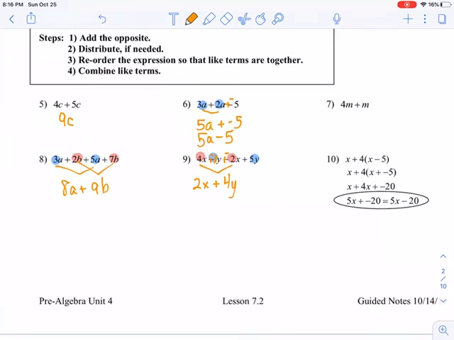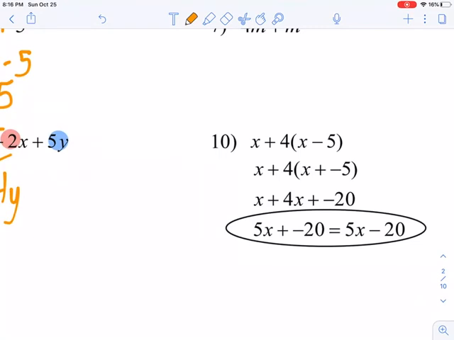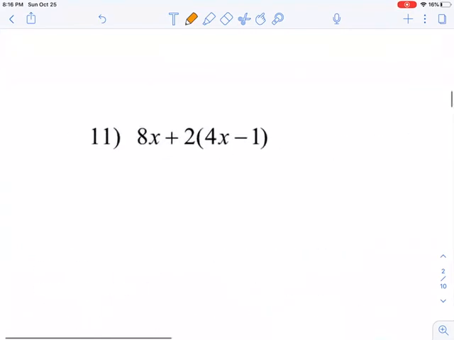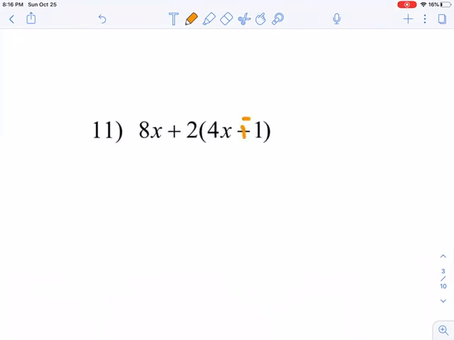Now, if you look at number 10, this one has distributive property in it as well, so don't forget to take that 4 times everything inside, and then you can combine what is like. So let's try one of those in number 11. I'm going to change this to plus negative first.